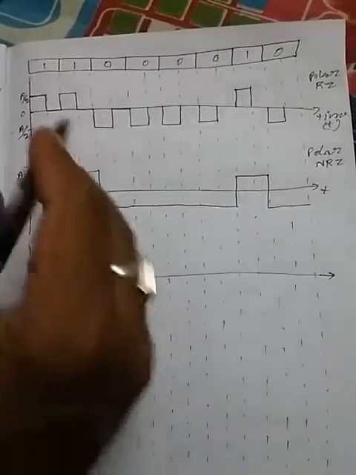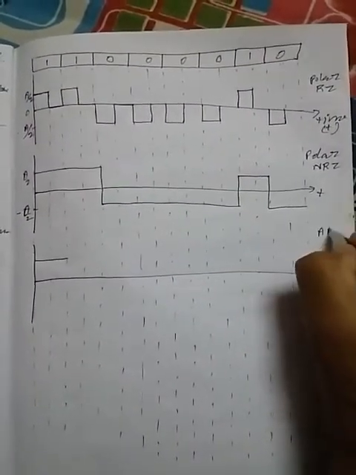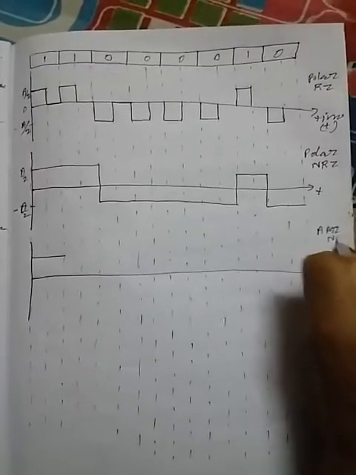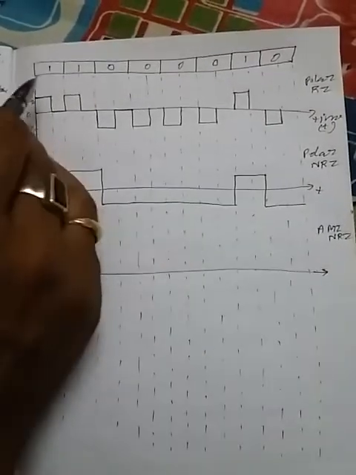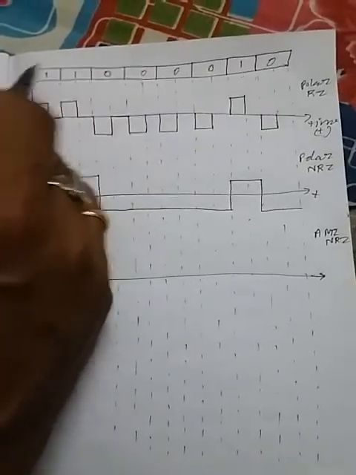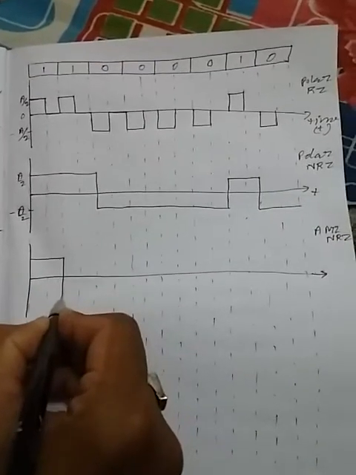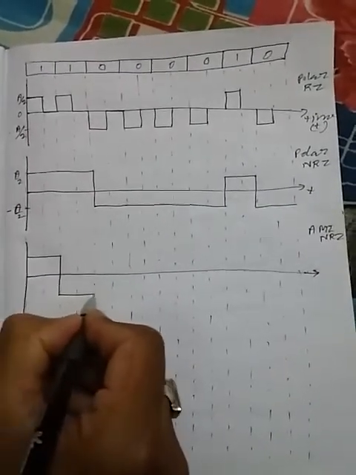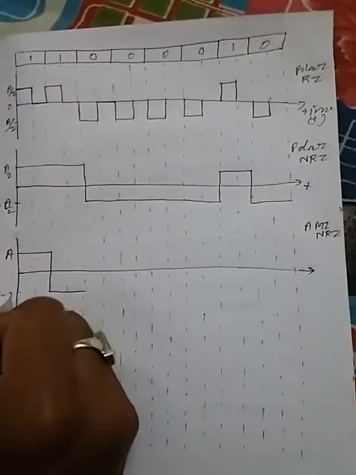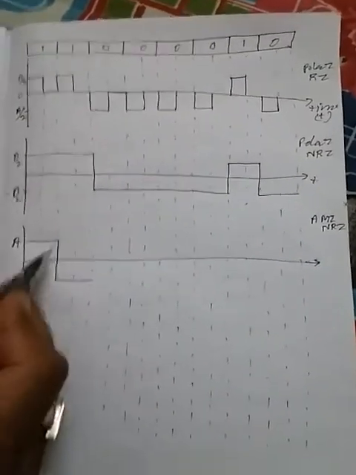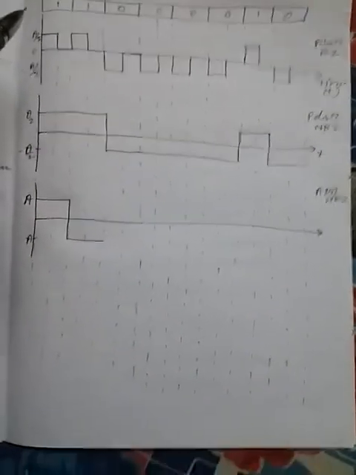Okay, but the next bit is 1, so since it is AMI, alternate mark inversion, in the next high bit it will just invert its amplitude. So here the amplitude is A and this is minus A. Okay, it just inverts its amplitude, that is minus A, in the next high level value, that is 1.